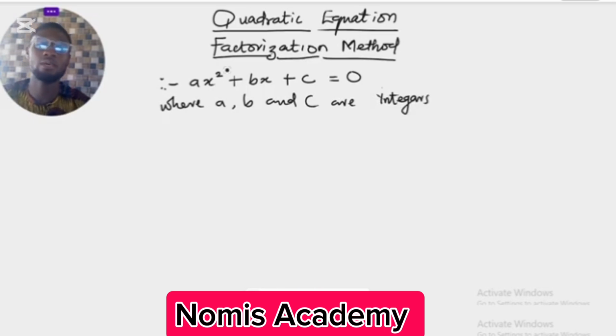So they could be any integers, negative or positive numbers. Do we get it now? Now we have ax squared plus bx plus c equals 0. So this is the form of a quadratic equation.